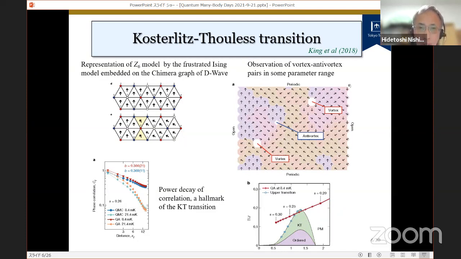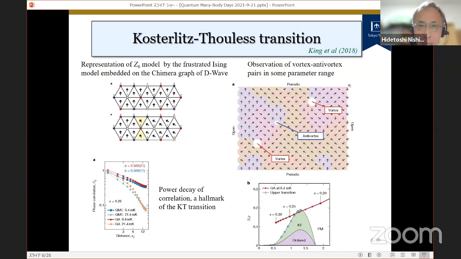But as temperature is raised or quantum fluctuations become large, then these pairs dissociate and quasi-long-range order is destroyed and the paramagnetic state is realized. So this is a very brief introduction to the Kosterlitz-Thouless phase transition.